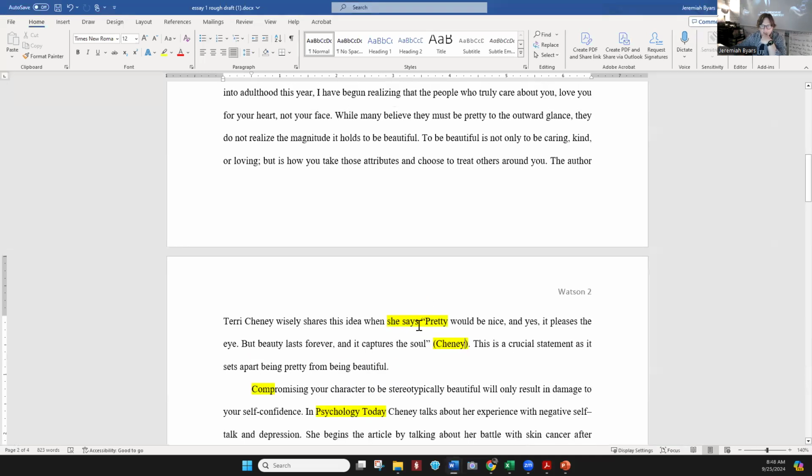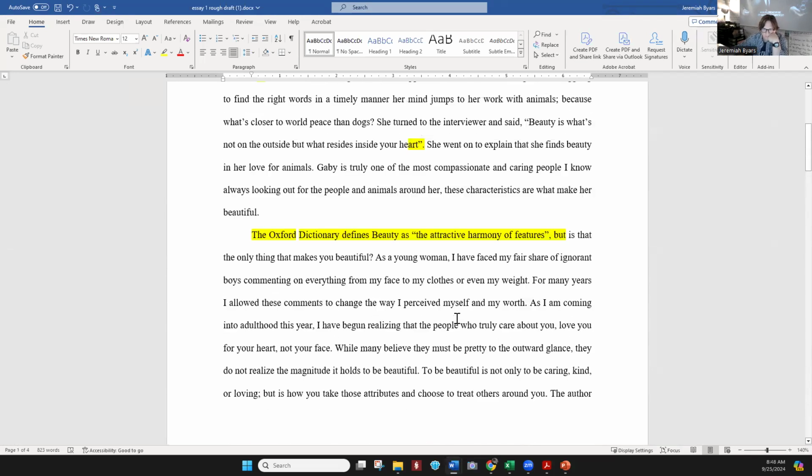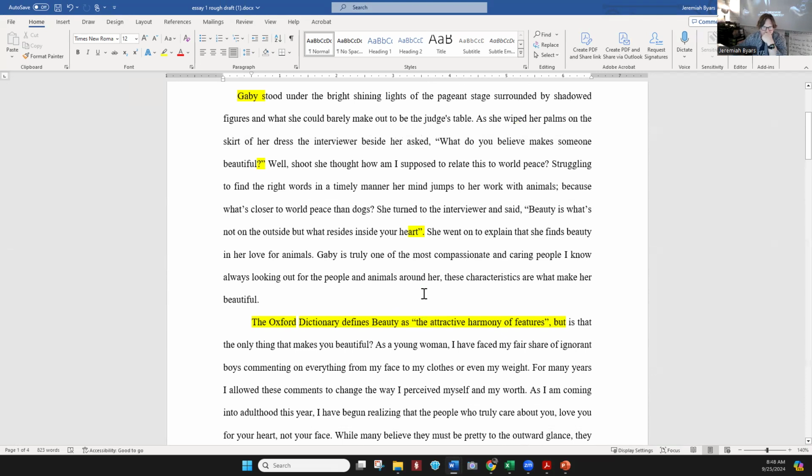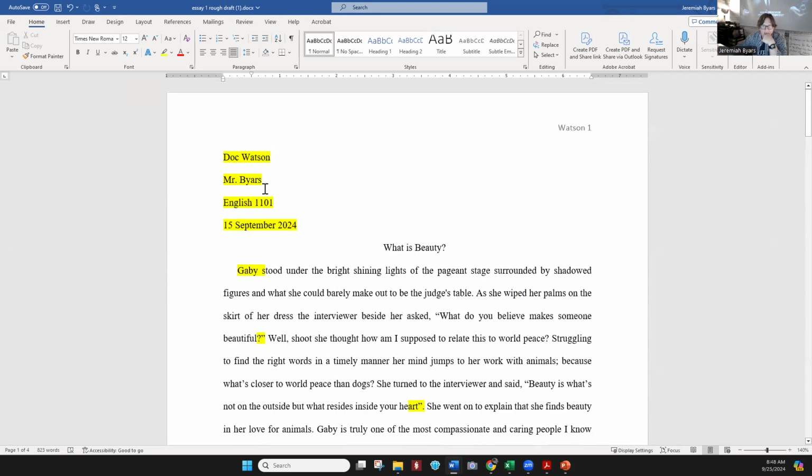Not having a comma after the verb before a quote, that's 7. Using the Oxford Dictionary, 8. And then the heading being off, 9. That's 9 different mistakes.